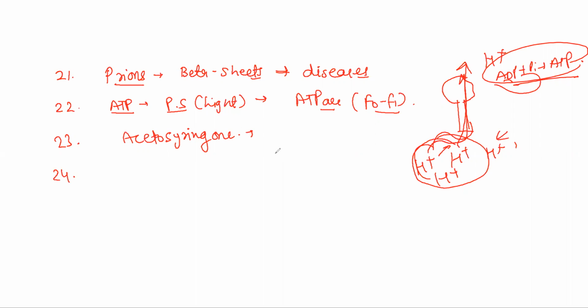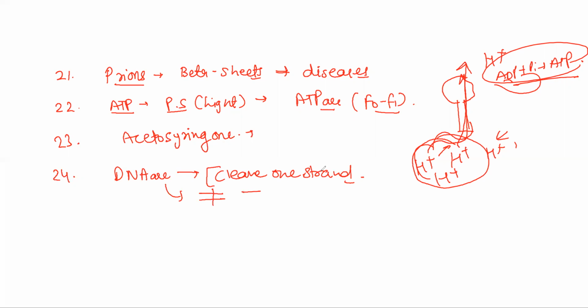There was a question about the wrong pair of the enzymes. Enzymes were given, like RNA polymerase and DNA polymerase 1, and we had to select the incorrectly matched pair. There was a pair stating that DNase cleaves only one strand. It was the incorrect pair because DNase can cleave both strands at a time as well as one strand at a time.